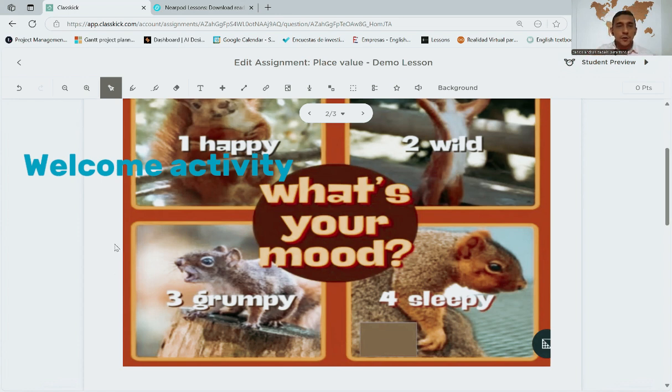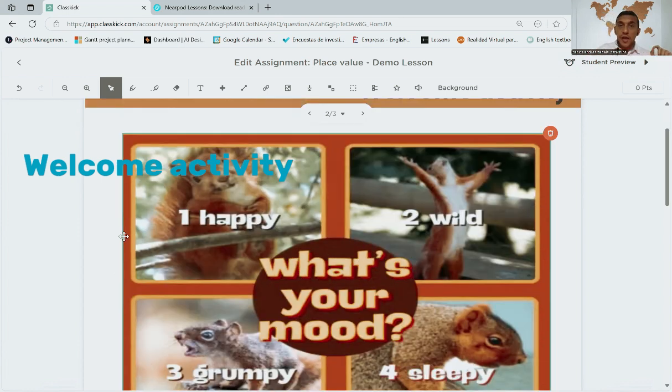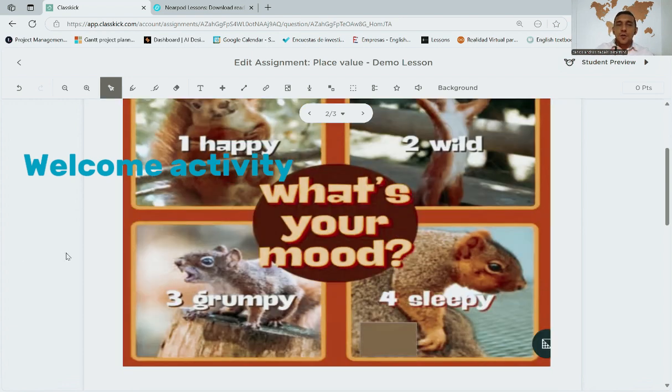Can you see that squirrel? She looks very happy. Second, wild, excited. Maybe you're grumpy and you don't want to talk with anybody today. Or the last one, you're sleepy. But here I hope that nobody is sleeping.